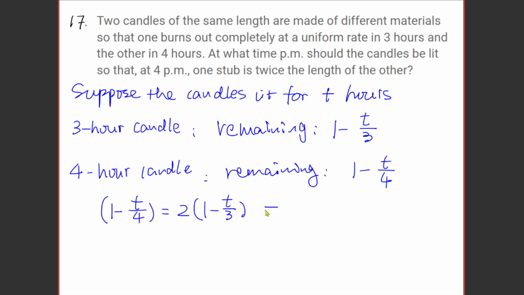And of course, you can solve for T in this equation. So this will give us T equals 12 over 5, and that's in hours, right? So basically that's 2 hours and 24 minutes.